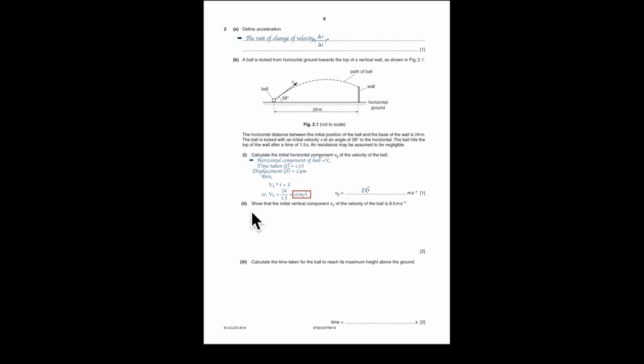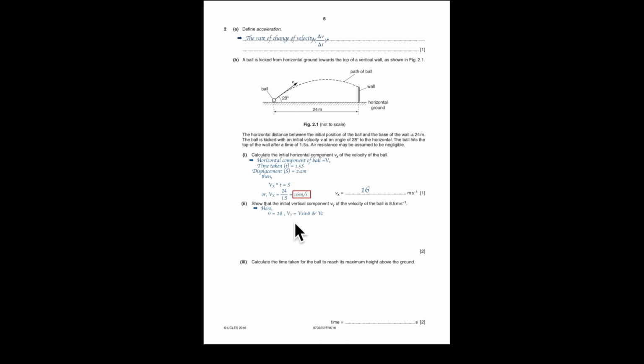In question ii, show that the initial vertical component of the velocity of the ball is 8.5 meter per second. Now we have to show that the initial vertical component vy of the ball is 8.5 meter per second, and we already have theta equal to 28 degree to the horizontal.